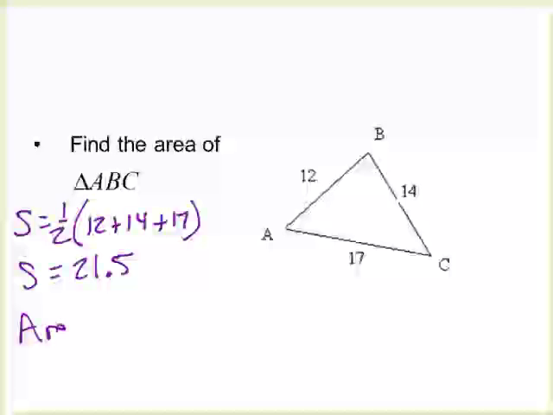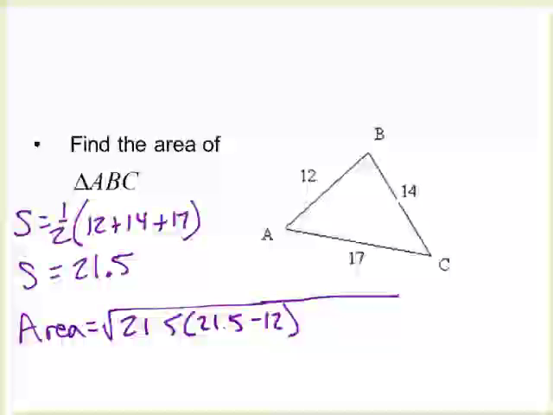So then our area is equal to the square root of S times S minus each one of the sides in turn.